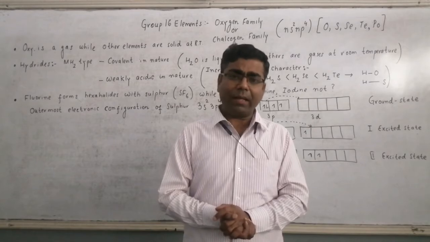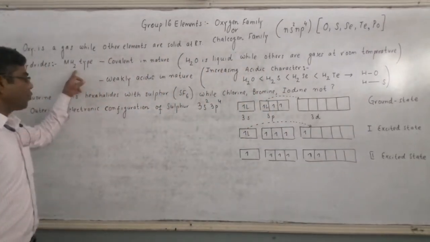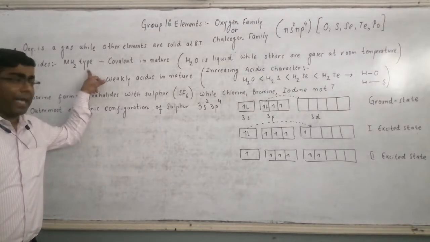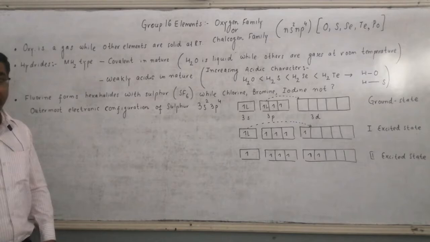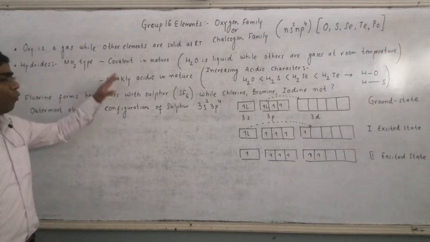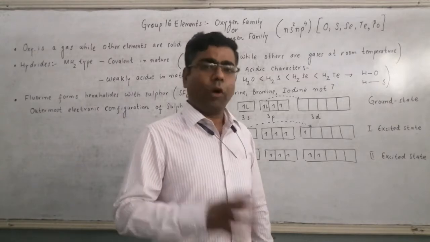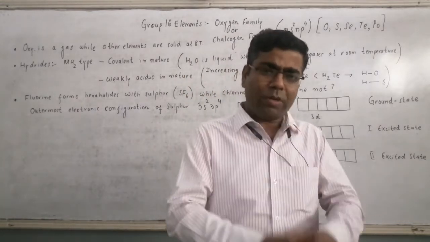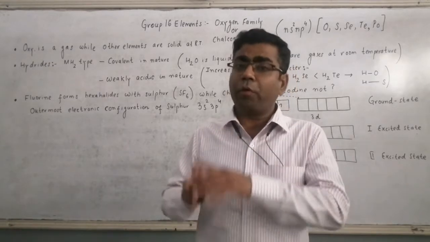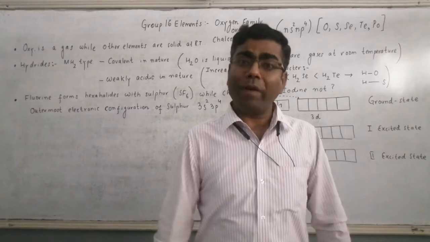So the formula of the hydride will be MH2 type, like H2O, H2S, H2Se, H2Te, etc. And all these hydrides are covalent in nature, because the bond is formed by sharing of electrons between the hydrogen atom and the atoms of group 16.